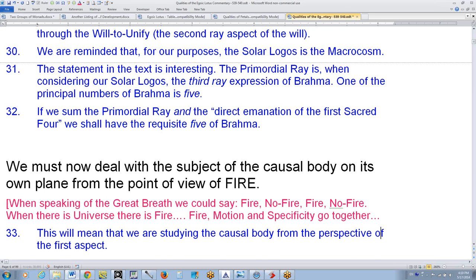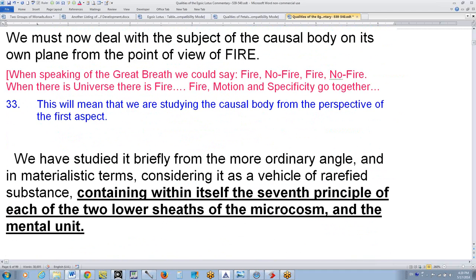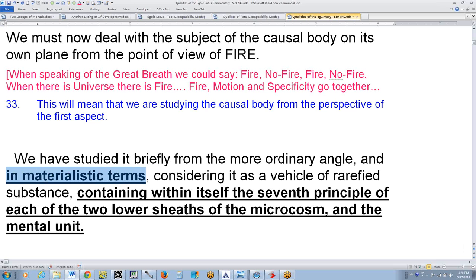So we're going to be studying the causal body apparently here from the principle of the first aspect. Its various fiery sounds, fiery colors. We'll have to see what that will really mean for us. DK tells us that we have studied from the more ordinary angle and in materialistic terms, not really looking at causes, right?